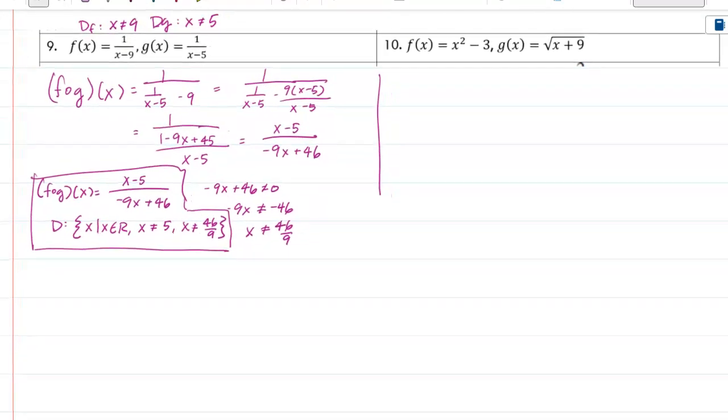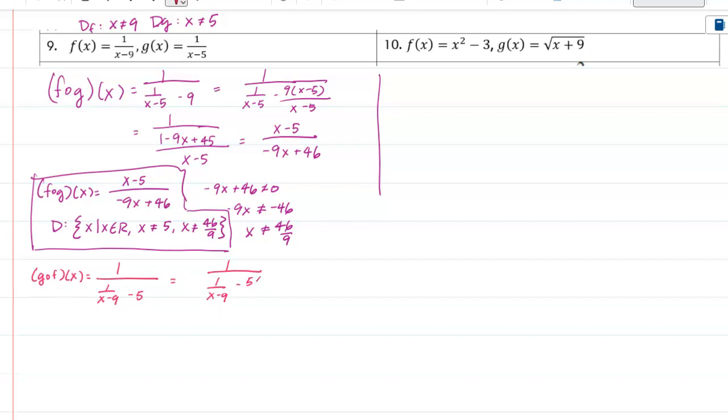Okay, the next one is going to be g of f. I'm going to take g, open up where my x is, and input f: 1 over x minus 9 minus 5 times x minus 9 over x minus 9 equals 1 over 1 minus 5x plus 45 over x minus 9.